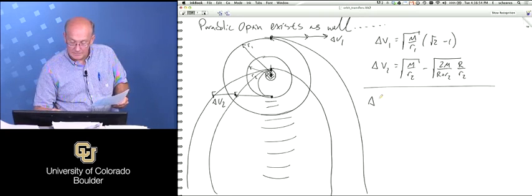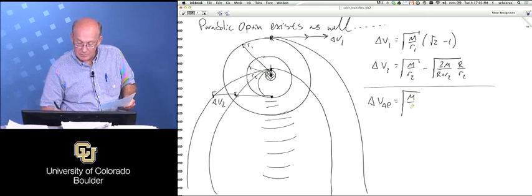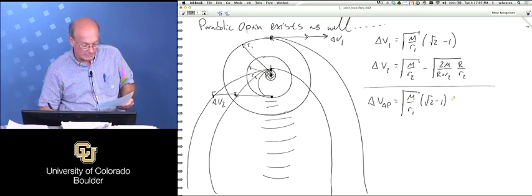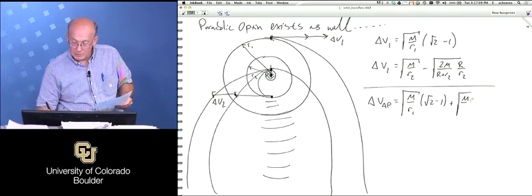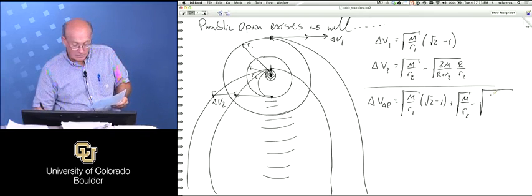And then aero-assist parabolic, if we add these two together, we get square root of mu over R1 times (root 2 minus 1), plus root mu over R2, minus root of 2 mu R over R2 times (R plus R2).